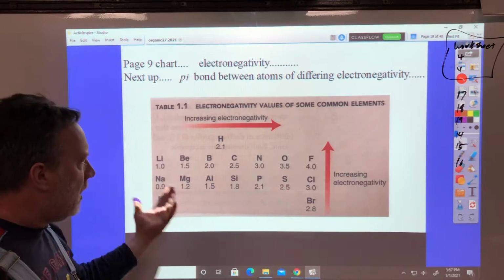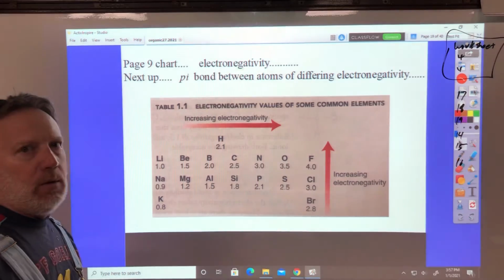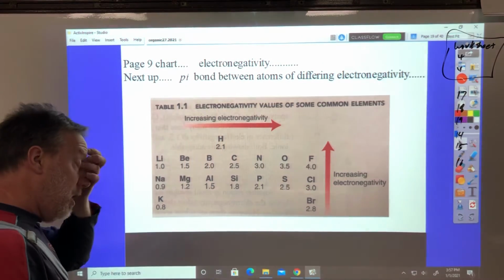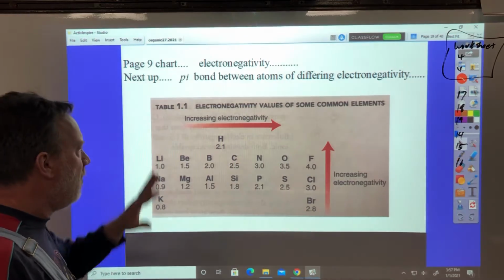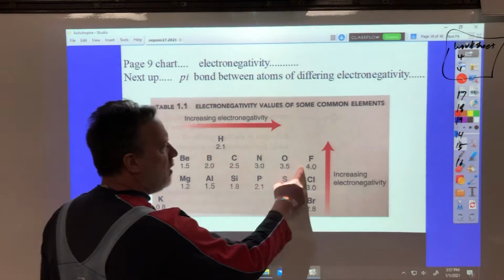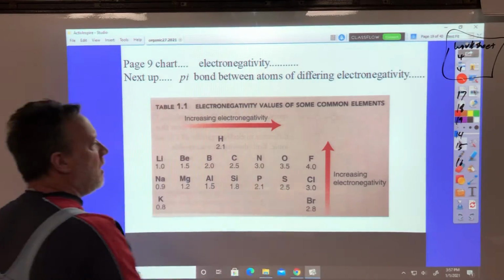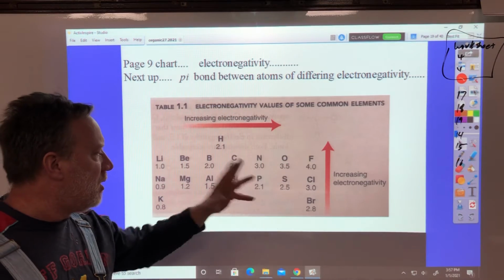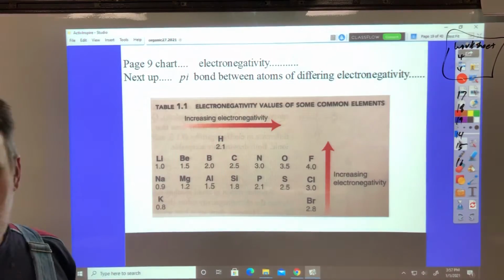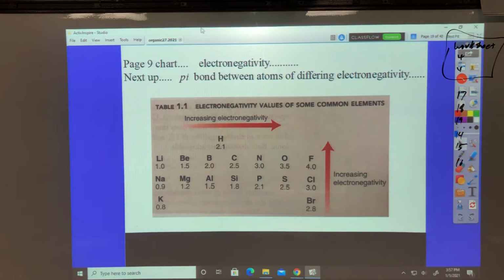This has only got a dozen or so elements on it. So you need to Google periodic table of electronegativities and get all of them. But most of what we're doing is organic compounds between these guys right here. Carbon, hydrogen, oxygen, nitrogen, phosphorus, sulfur, you get it. So this pretty much works. But make sure you're familiar with the table of electronegativities, and you'll find one.